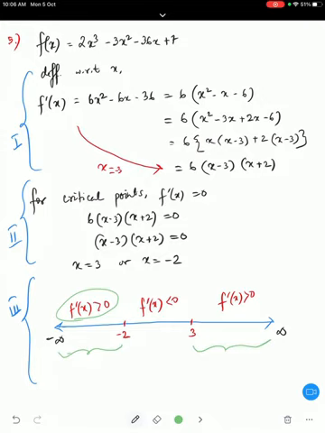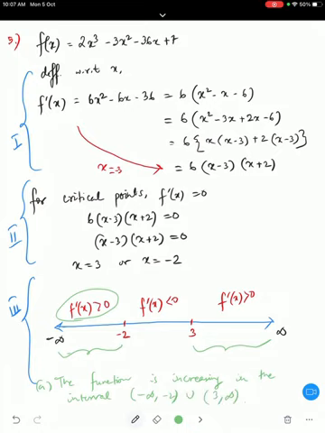So what we can say? The function is increasing in the interval minus infinity to minus 2 union 3 comma infinity.